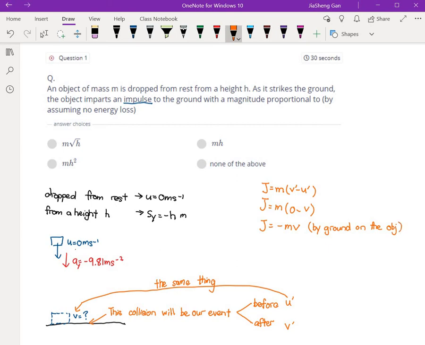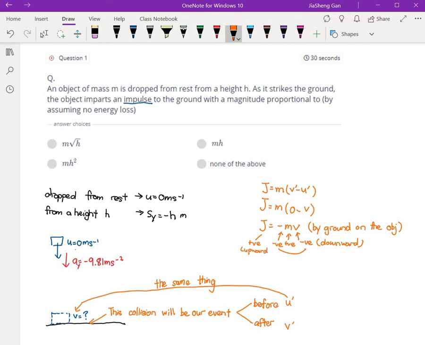You know it's by the ground on the object because this value v here will be a negative value since it's downward. Multiplying the negative v with the negative sign, you get a positive impulse, indicating that it's upward.